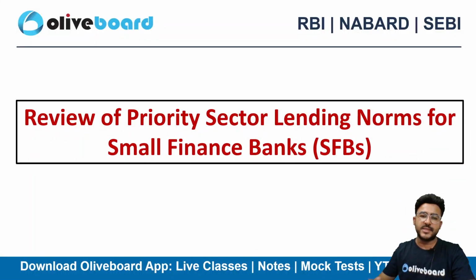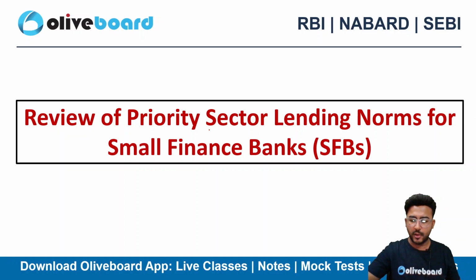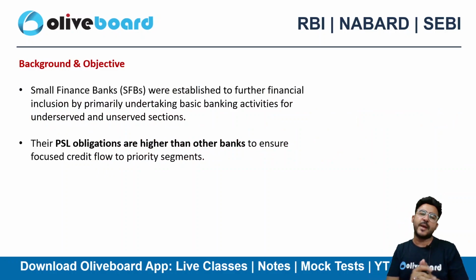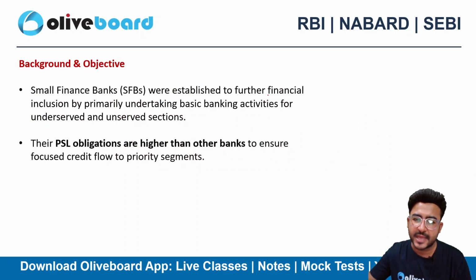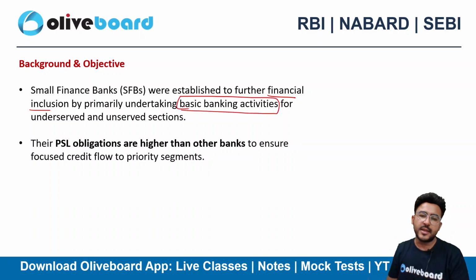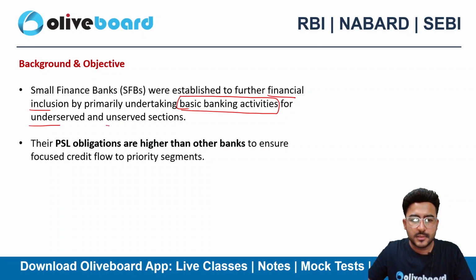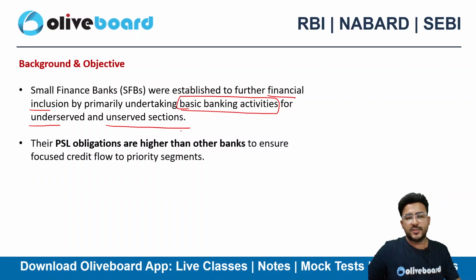The first thing that we'll be studying is the review of PSL norms for small finance banks. We all know that PSL norms do apply on small finance banks, right? Small finance banks were basically established to further financial inclusion. So for enhancing financial inclusion penetration, we have established small finance banks by primarily undertaking basic banking activities for the underserved and the unserved section of the society, right?